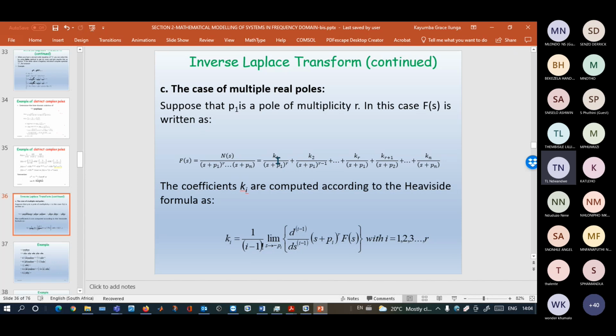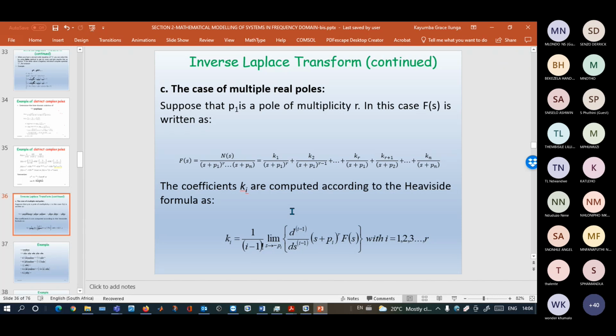We write K1 over the factor with the highest power, plus the second one must have the power minus 1. The third one also must be minus 1, or you can even say minus 2, minus 3, according to the level that we have there. So now in that case, the Heaviside formula has changed.